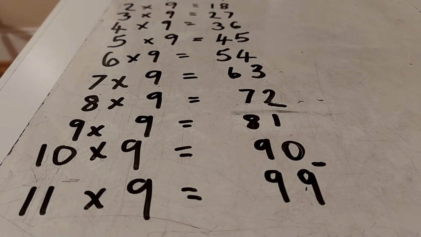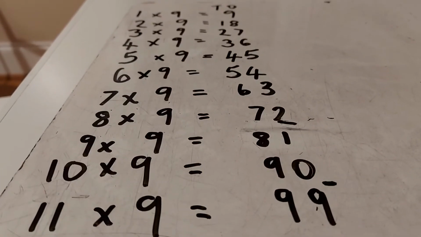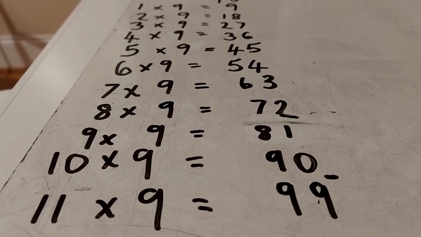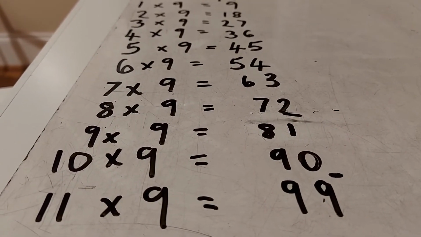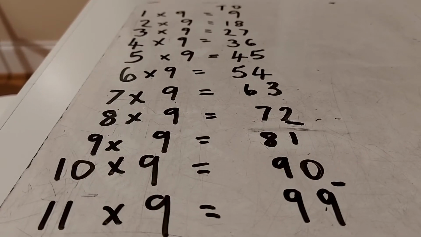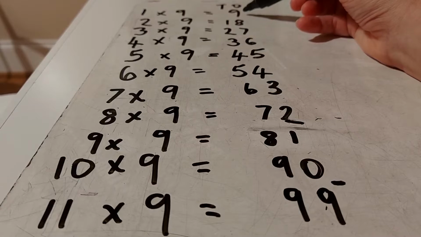There are some other patterns actually, some quite useful patterns that help us work out the 9 times table randomly as opposed to having to write it out to calculate the answers. So if we look here at the answer for 1 times 9, it's 9.